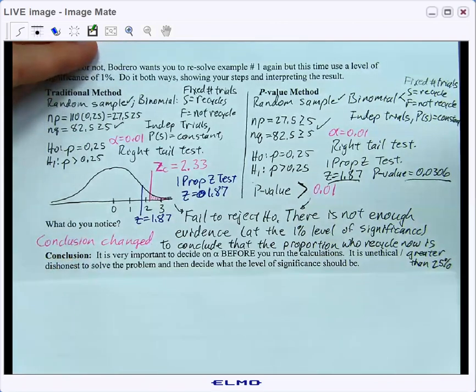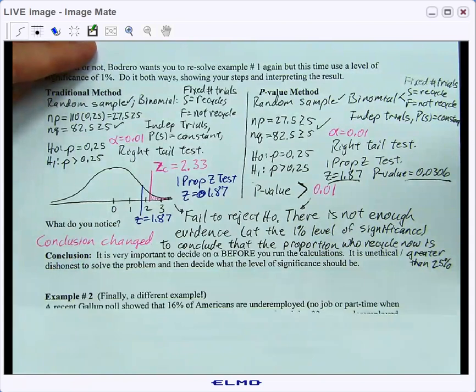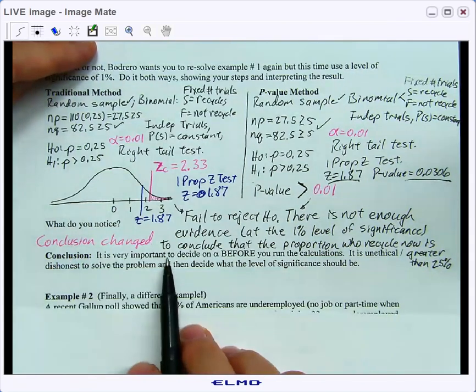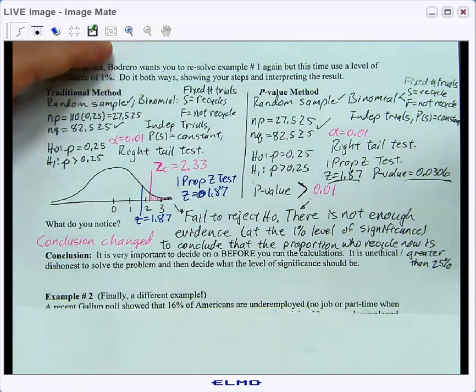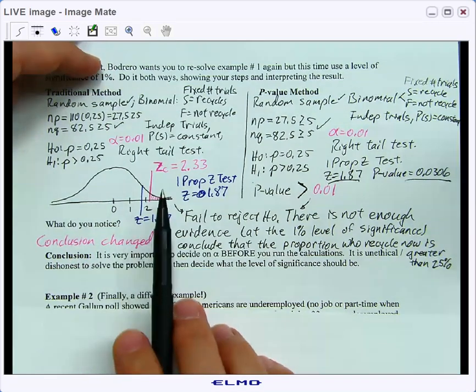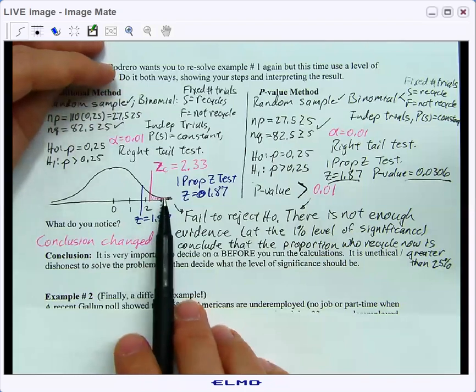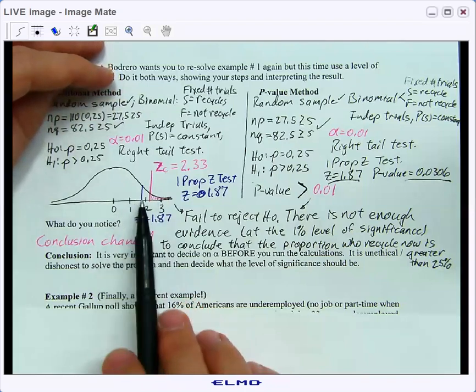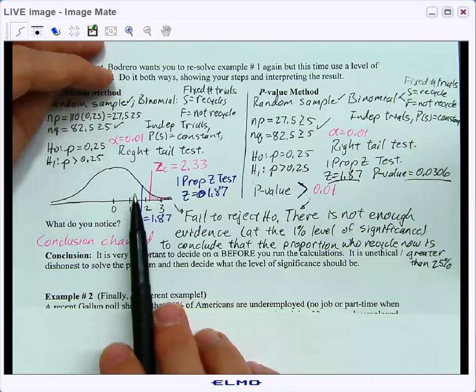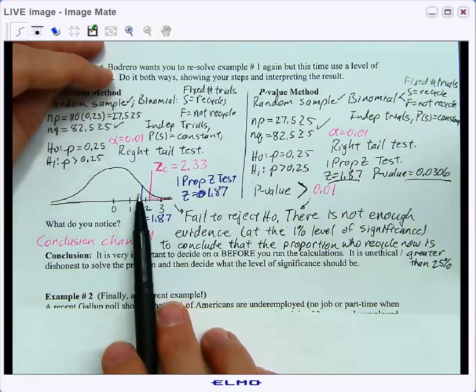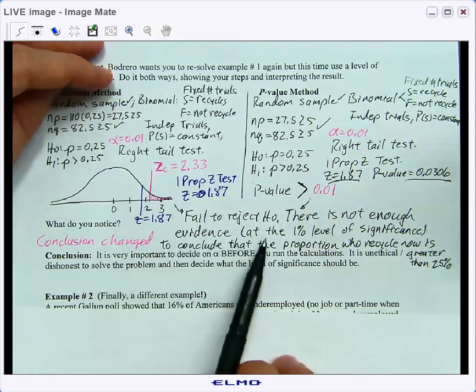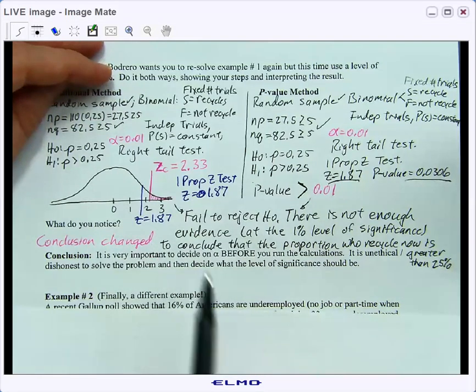Okay. So something that I want you to notice is if we run the numbers and then decide what we want our level of significance to be, that is unethical. The reason is if you run the numbers and then decide, oh, at 1% we'll fail to reject, so we'll set alpha at 1% so we know we'll reject, or conversely, if I would reject H0 at 5%, so we'll set the alpha at 0.05 so I get the conclusion that I want, that is unethical or dishonest.